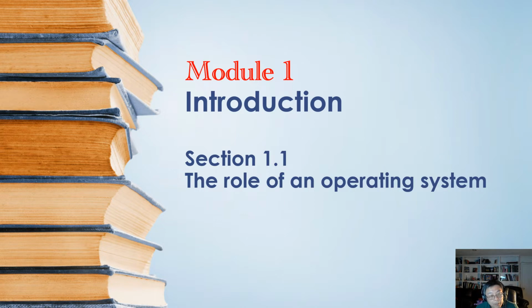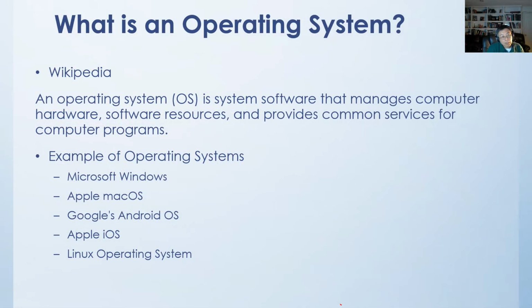Okay, let's first start with Module 1, the Introduction to the Operating System. Section 1.1, the role of an operating system. Now, the first question is, what is an operating system? Now, I copy the definition from Wikipedia.